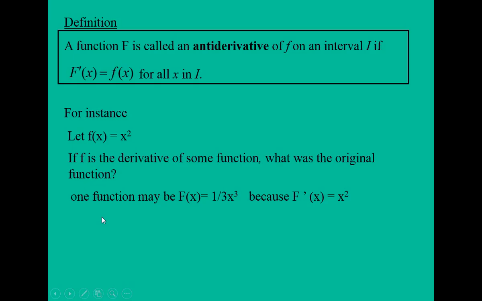So for instance, if we have f of x equals x squared, if f is the derivative of some function, what was the original function? Well, one function may be 1/3 x cubed, because if we take the derivative of 1/3 x cubed, we get x squared. Another may be 1/3 x cubed minus 50, because if we take the derivative, we also get x squared.